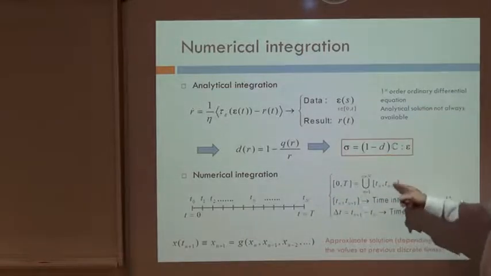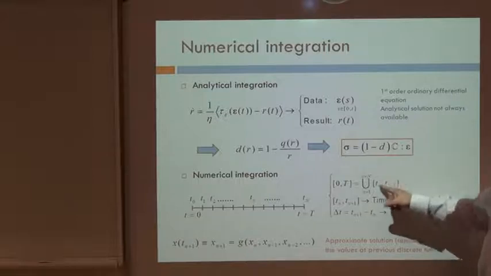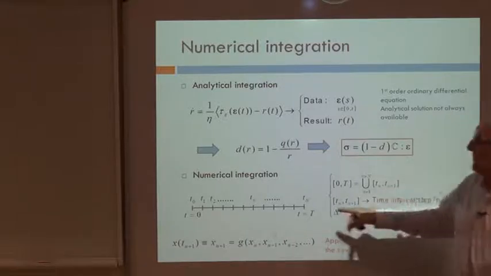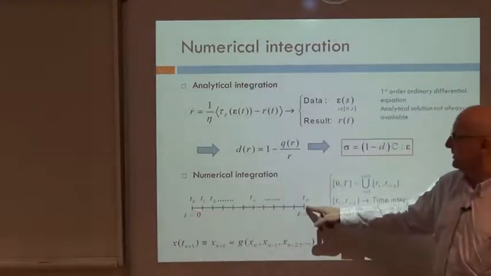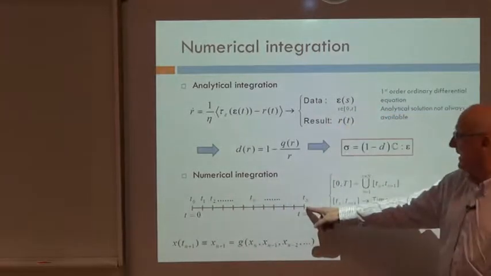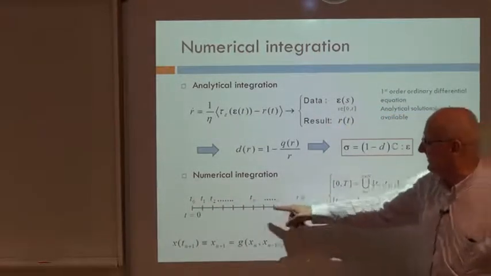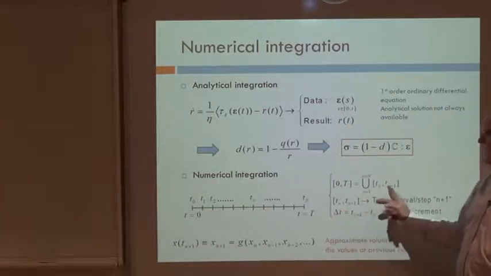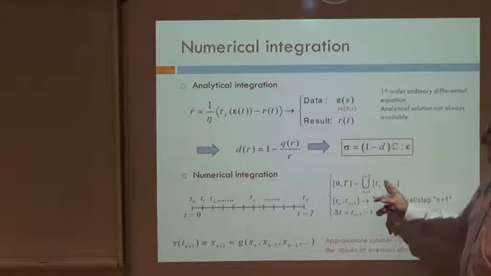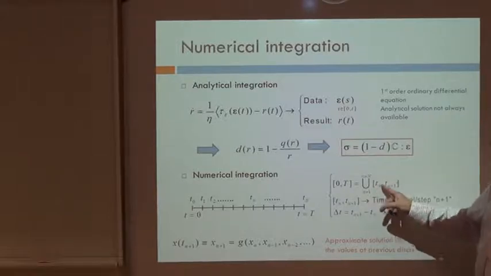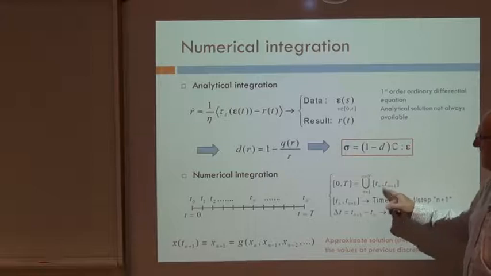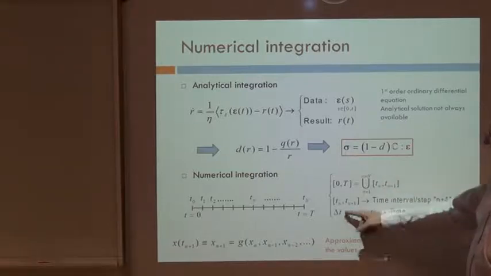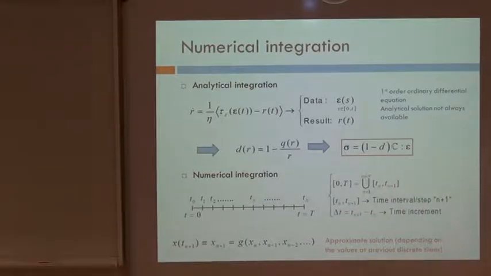Every one contains the first time t_n and the last time t_n+1, and the union of those subintervals is exactly the interval of interest, 0 to capital T. The length of the subinterval is the difference of the end time minus the initial time, and that delta t is called the time increment.